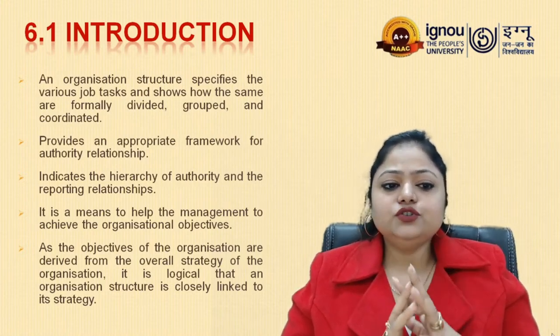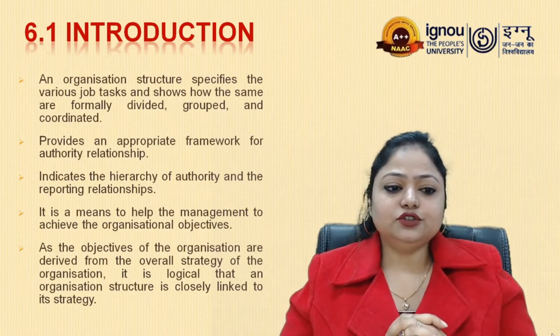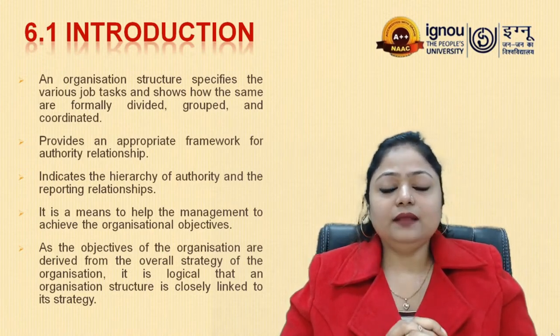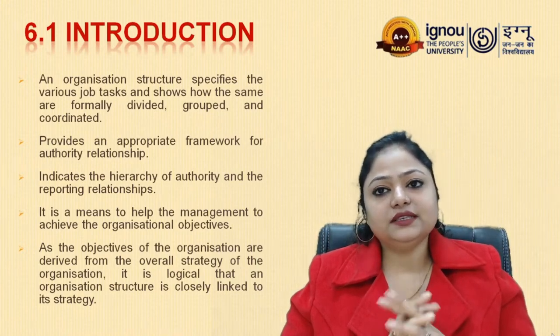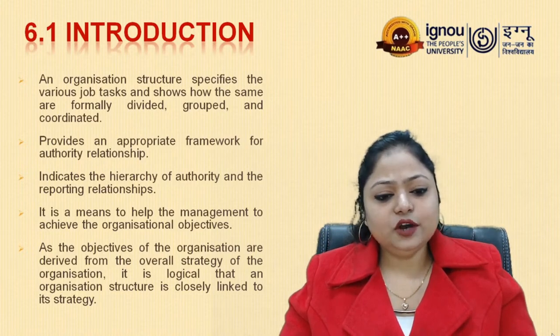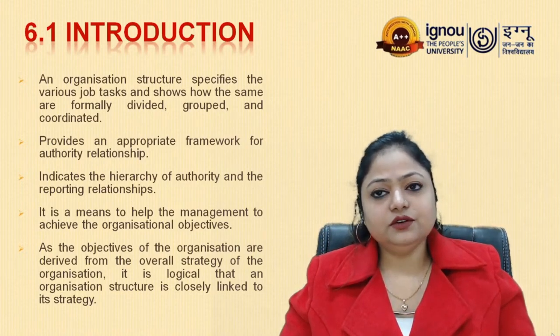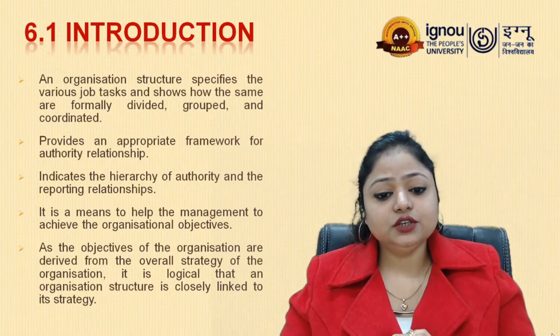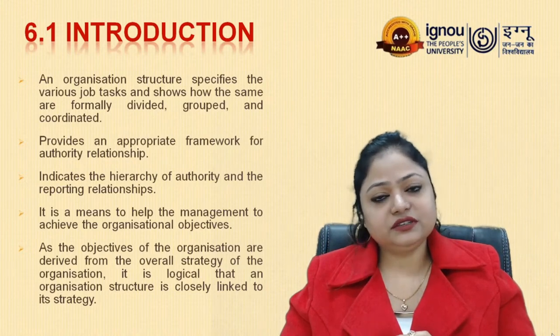The design also indicates the hierarchy of the authority relationship and the means to help management achieve the organization's overall objectives. Now, as the objectives of the organization are derived from the overall strategy of the organization, it is logical that an organizational structure is closely linked to its strategy.